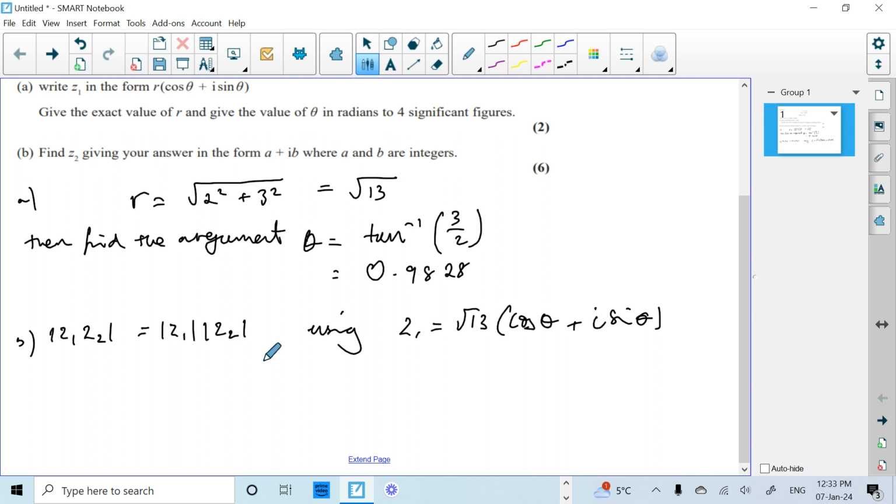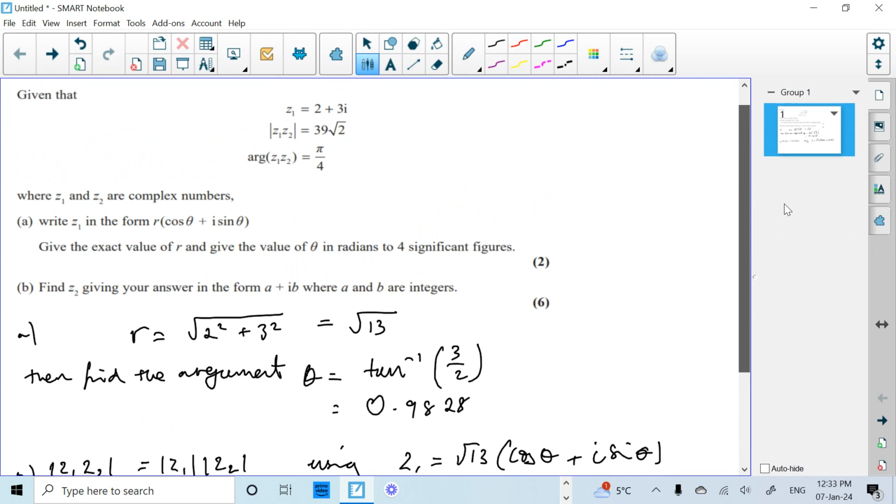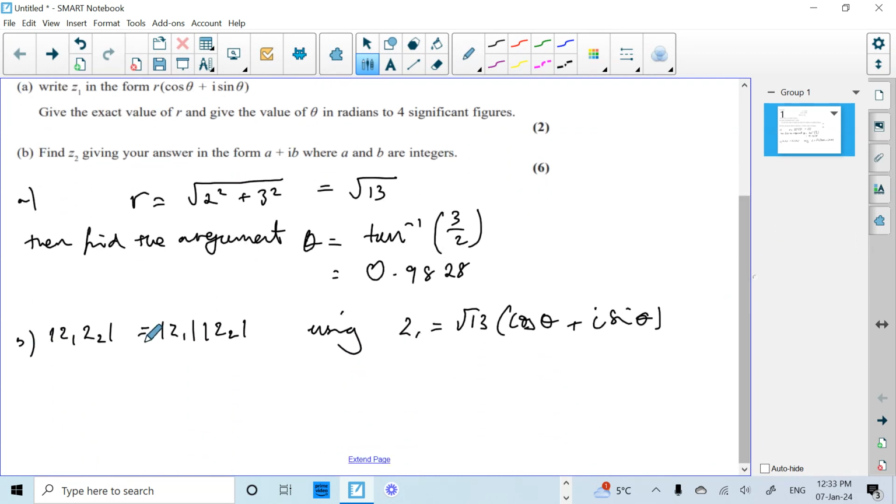It does say that the modulus of z1 z2 is 39 root 2. So let's substitute that in. 39 root 2 is equal to root 13, which is r, times the modulus of z2.